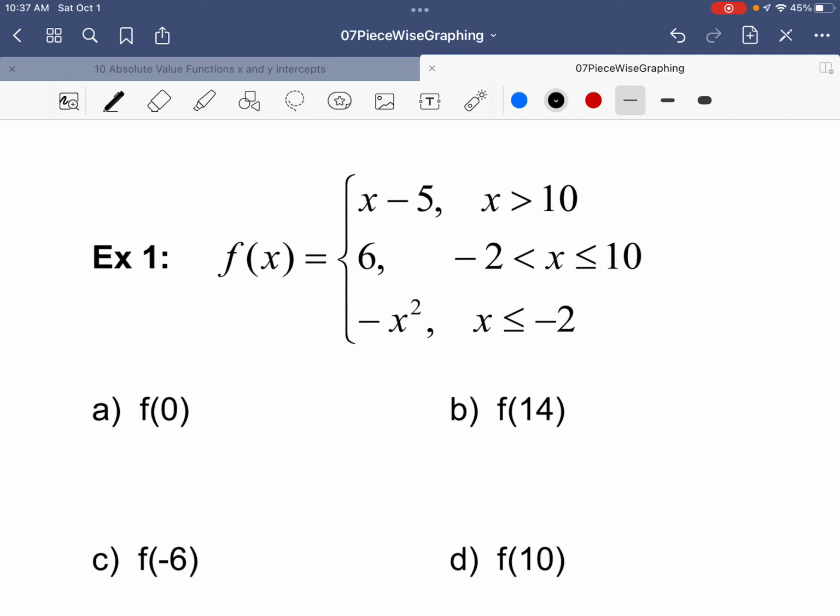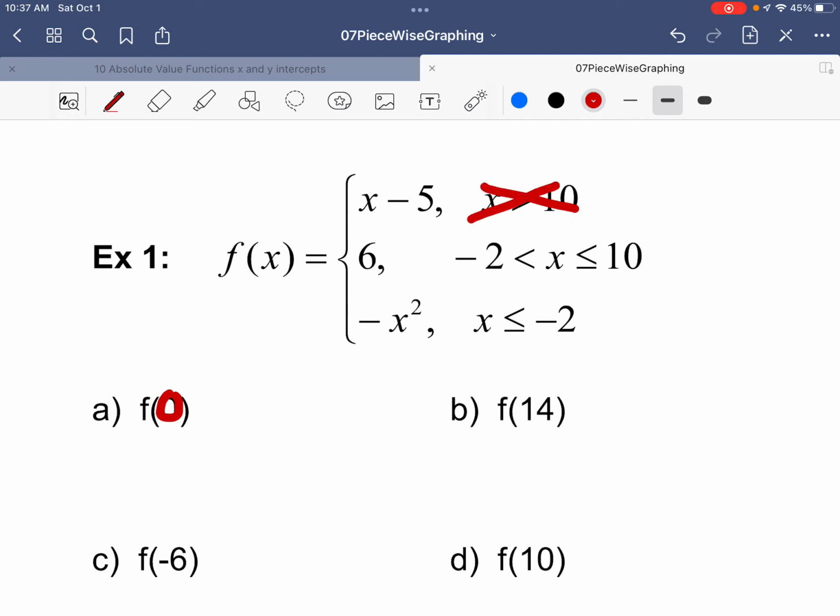So f of 0. F of 0 definitely implies that we want to plug in 0. What we want to realize is that only one of these pieces can work for numbers like 0. So what kind of number is 0? Is 0 a number that's greater than 10?